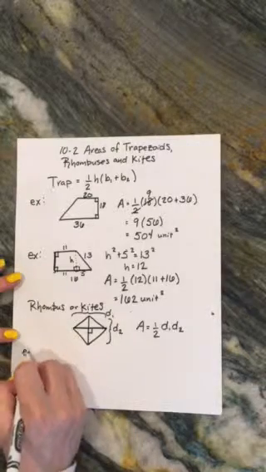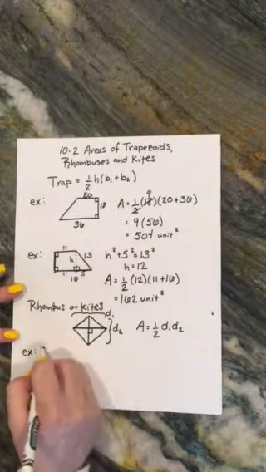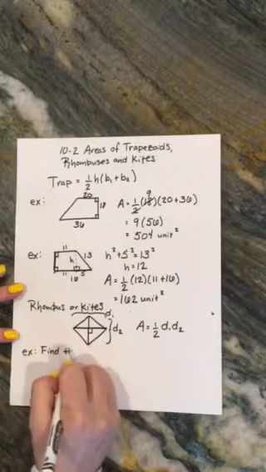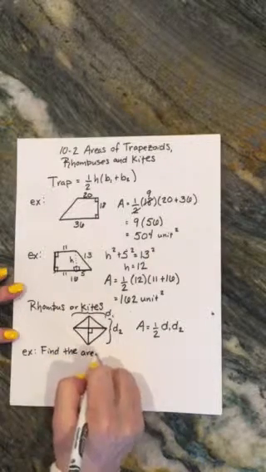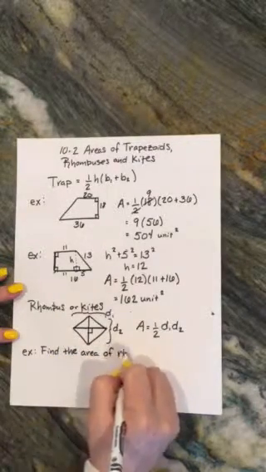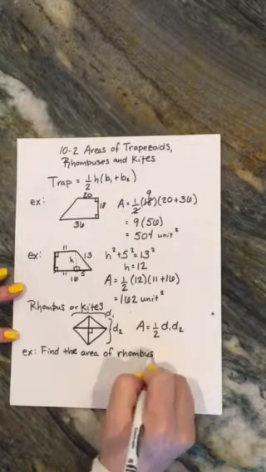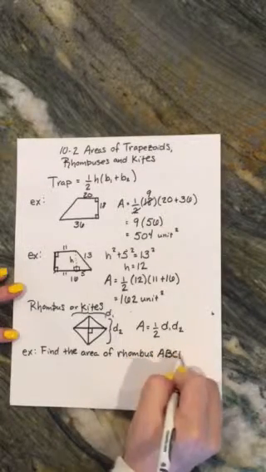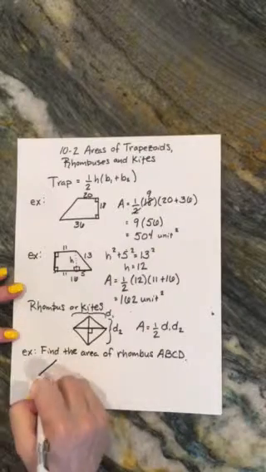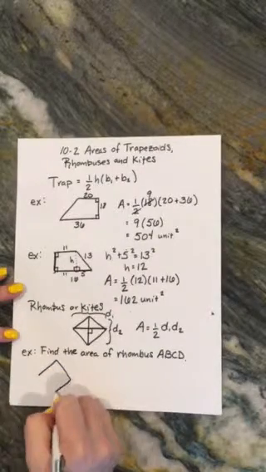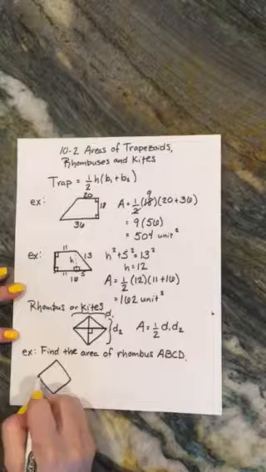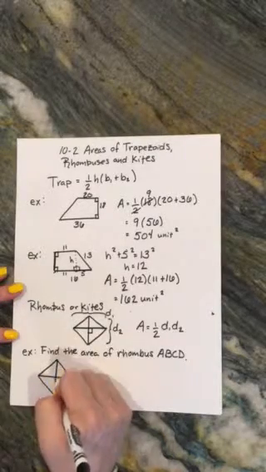Okay, so let's do an example. Let's find the area of rhombus ABCD. And it looks like this. Remember, it's a square that's been hit by a bus, so it's a little crooked.